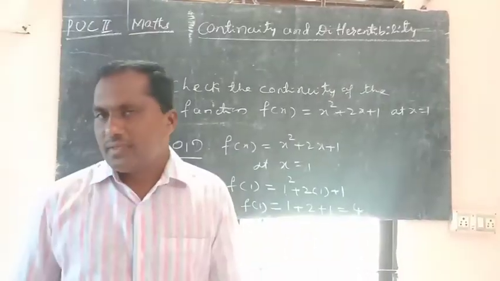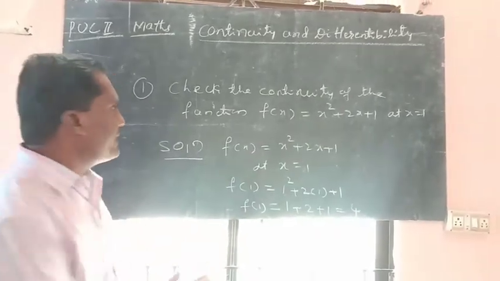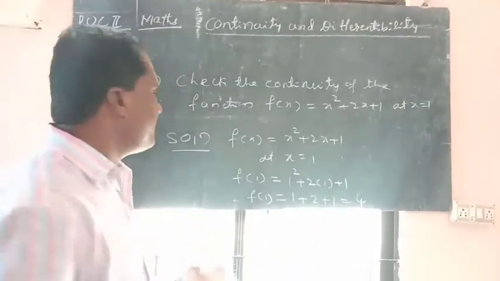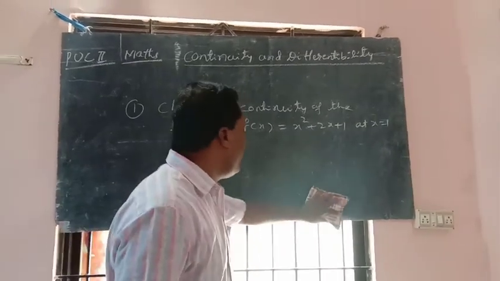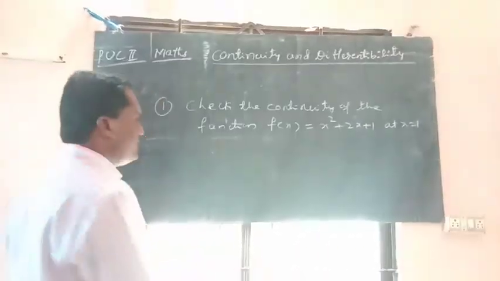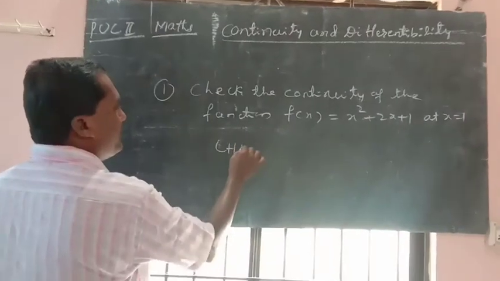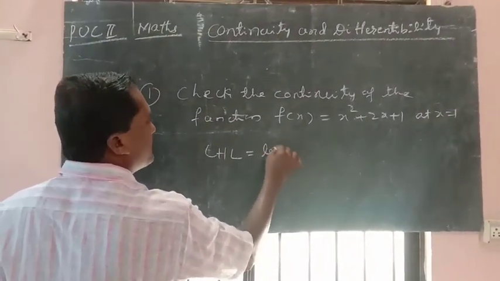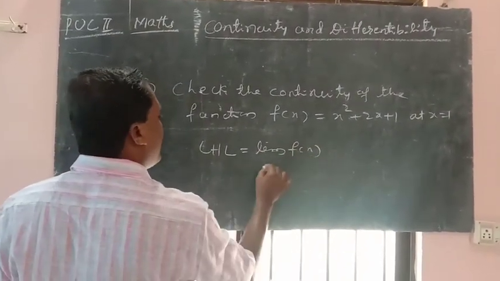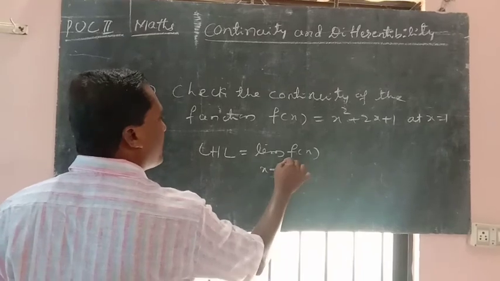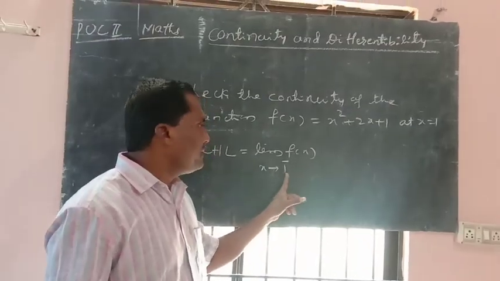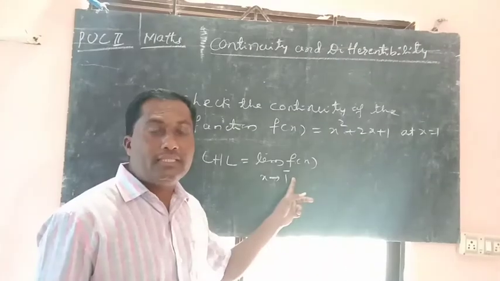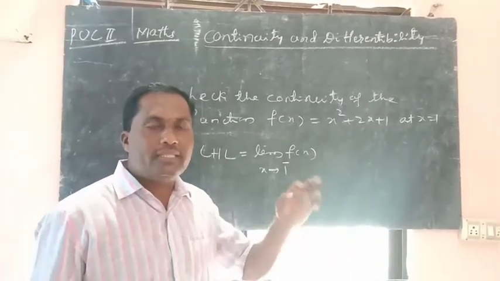Shall I strike out this one? Okay. Then I take our left hand limit. What is left hand limit? LHL equals limit f of x as x tends to 1 minus. See, in left hand limit, minus is left hand, plus is right hand.